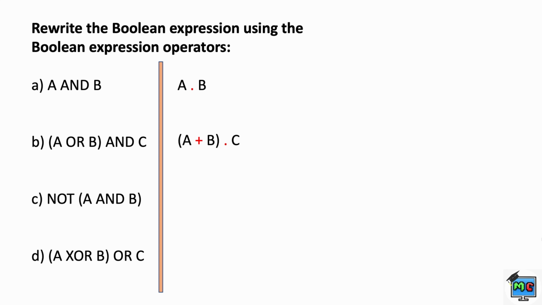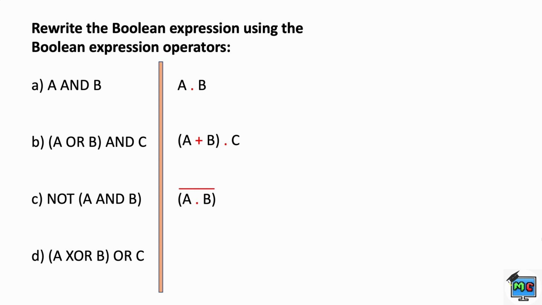You put a line over A or B, or what? The whole expression, because you can see this whole section is going through the NOT gate. So yes, A dot B, NOT.